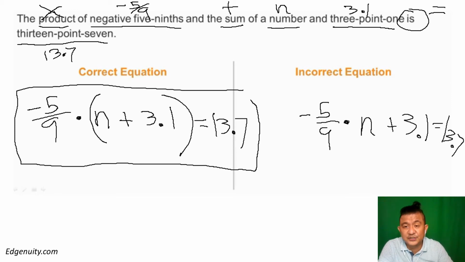Because if you use it this way, you will have to multiply first. You're not multiplying these two first if you follow the order of operations, no. It wants you to gather the sum of a number and 3.1 together. These two are together first, then multiplied by that. Okay, the use of the parenthesis is also very important.